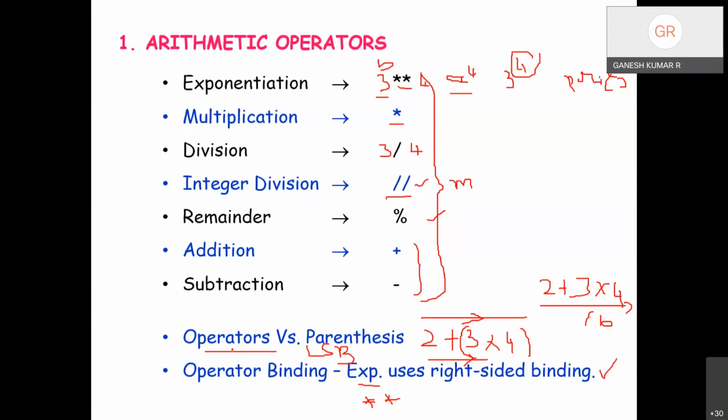That is the difference between a regular operator expression without parentheses and with parentheses, and the right-sided binding property, which is applicable only to exponentiation, double asterisk. Fine.